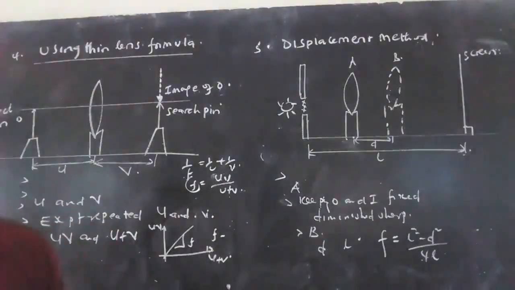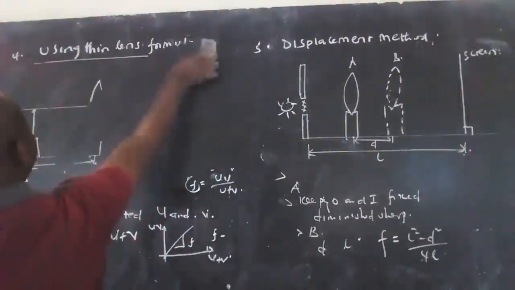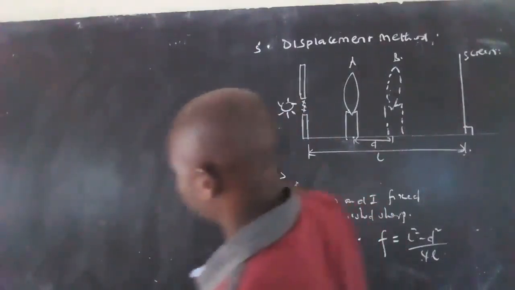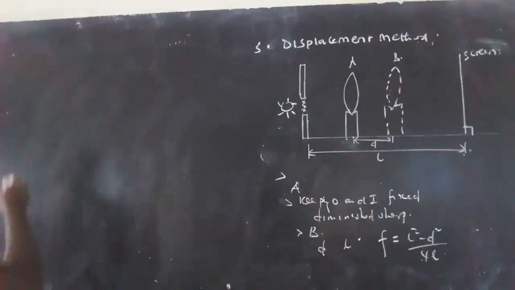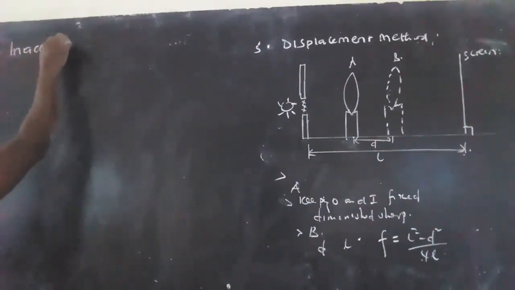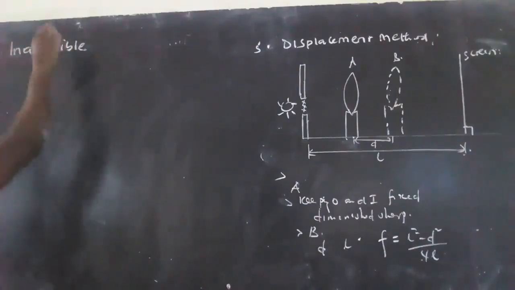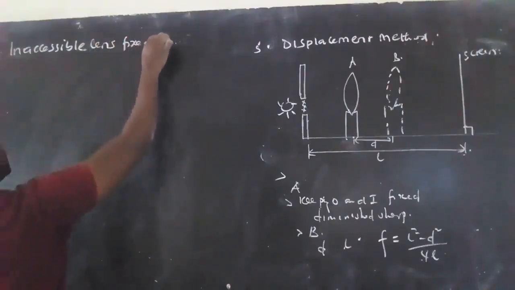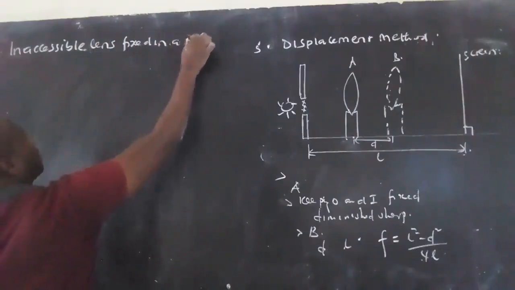Then what about an inaccessible lens? Using an inaccessible lens fixed in a tube.